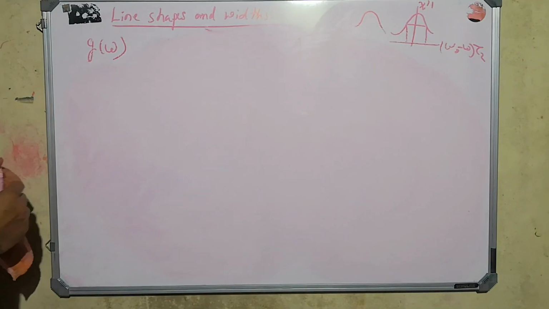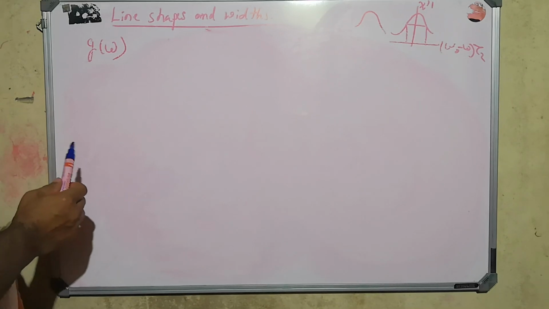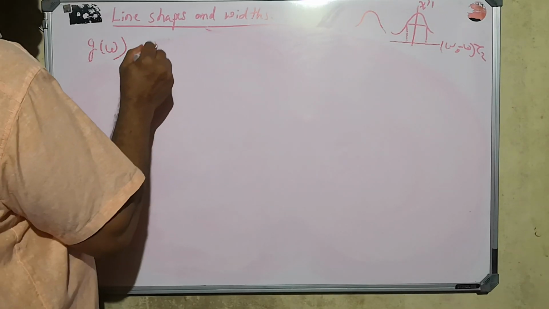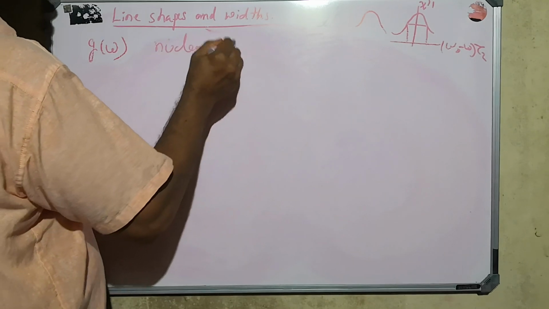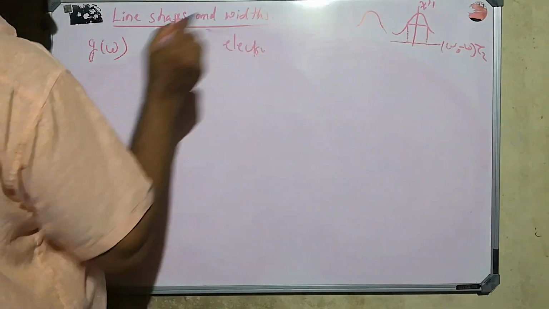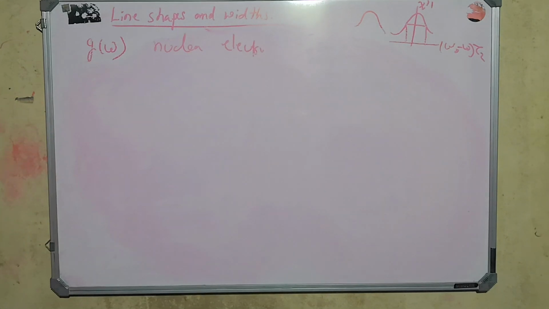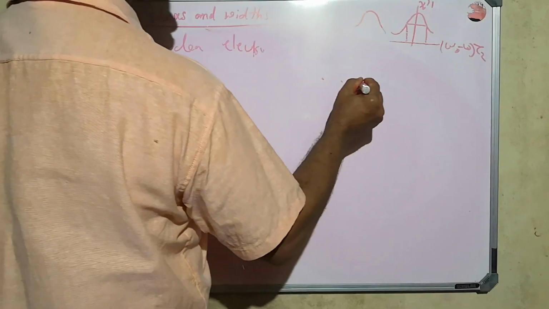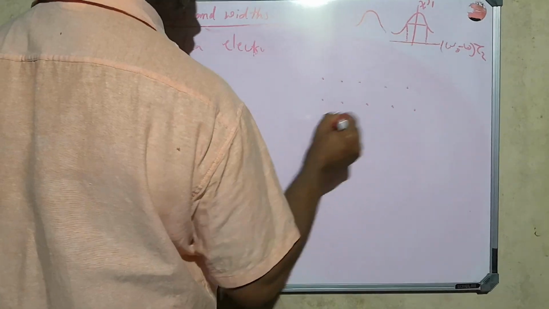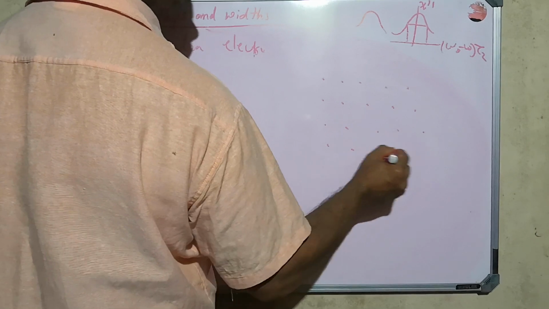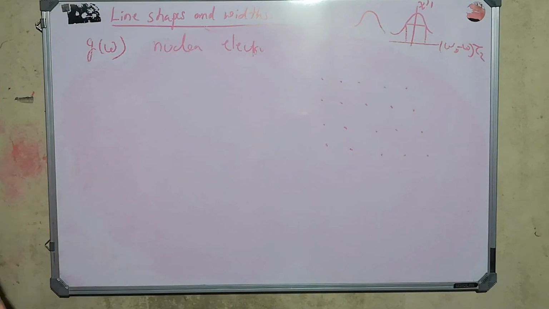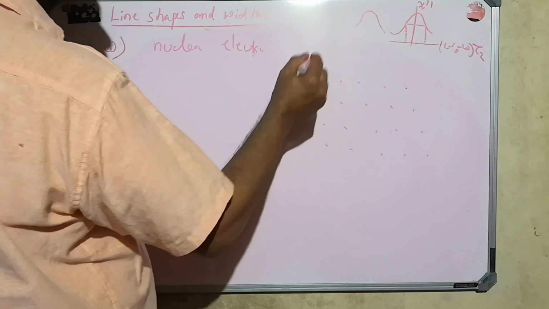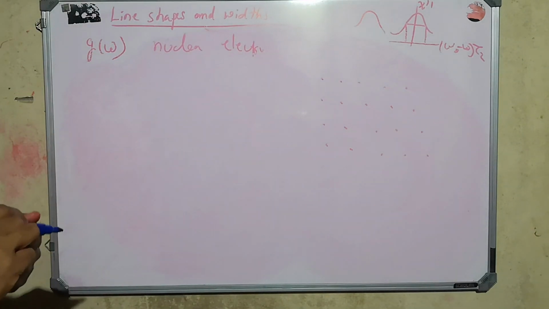See, for solids, we can consider either nuclear or electronic moments. That is, each atom or molecule is considered to be an atomic dipole. Therefore, let us say n number of atomic dipoles are present. Each dipole is just like a tiny magnet.